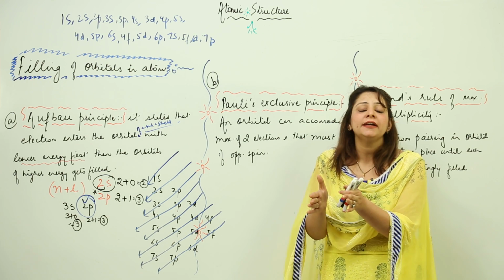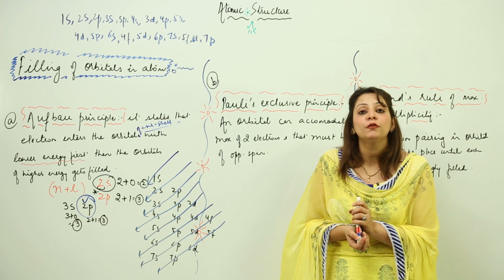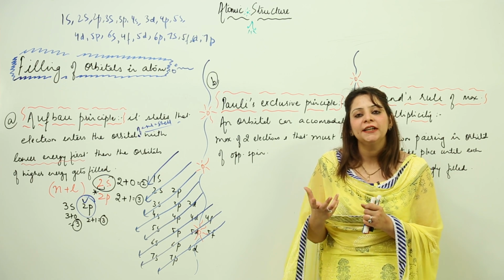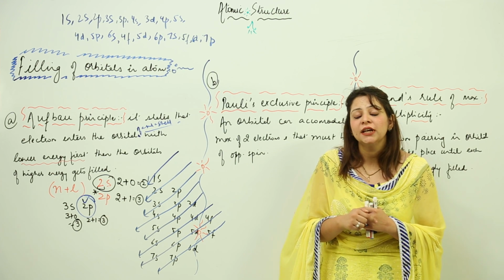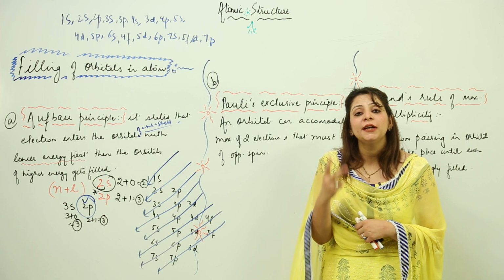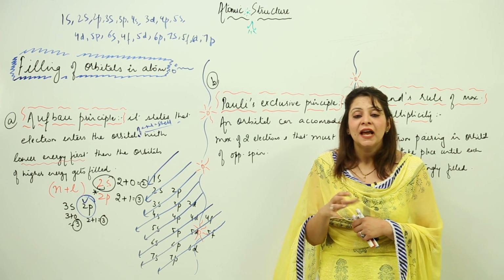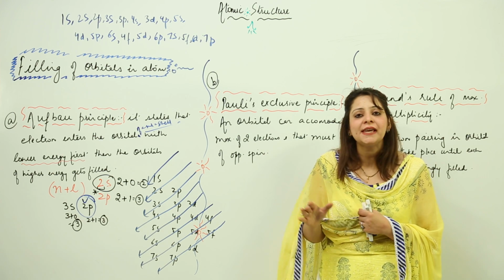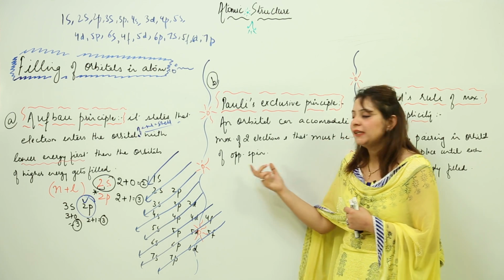A maximum of 3 quantum numbers can be the same, but definitely the fourth, the spin one, will be different. That means one electron will be spinning in a clockwise, another in an anti-clockwise direction. So this led to the conclusion that an orbital can accommodate a maximum of only 2 electrons, and that must be of opposite spin. n, l, m can be the same, but definitely s is going to be different. That is why they must be of opposite spin.